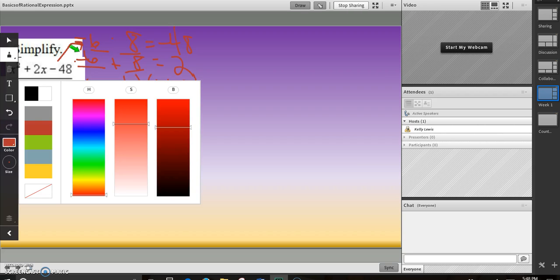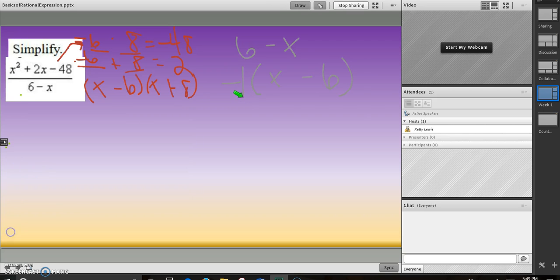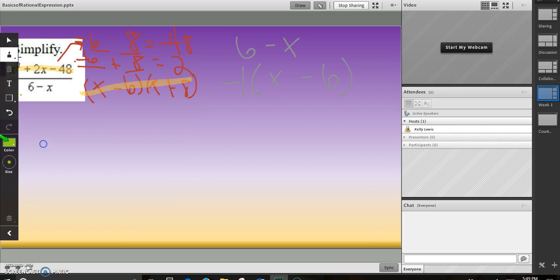Let's do 6 minus x. We're used to saying x minus 6. Remember, these two things differ by a factor of negative 1. So the top is this guy, the bottom is this guy, and all I'm going to do right now is rewrite it using my factors.